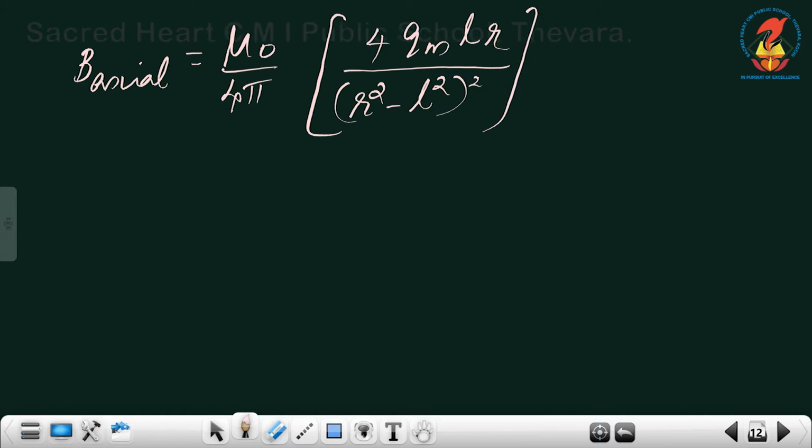Now we know that qm into 2L is what? Magnetic dipole moment m. So I am going to split this 4 into 2 parts, 2 into 2, and rearrange the equation.